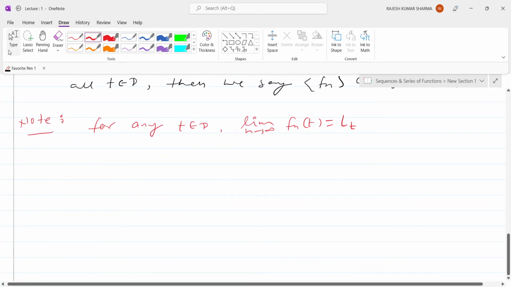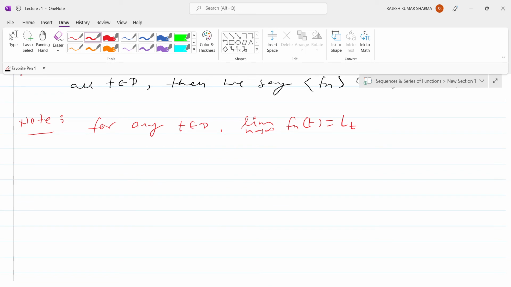That means how to define the limit? You already know the epsilon delta definition of a limit.